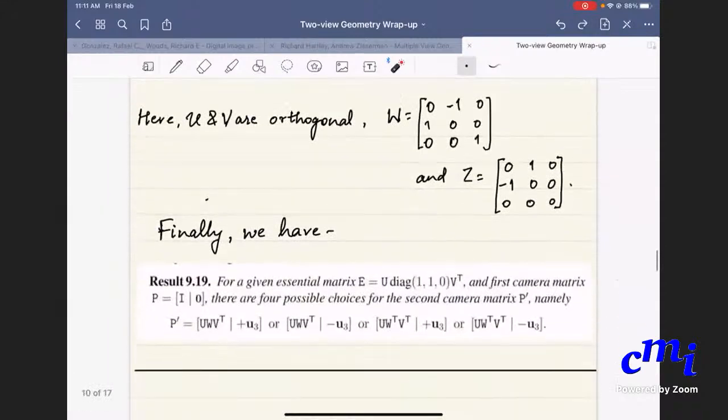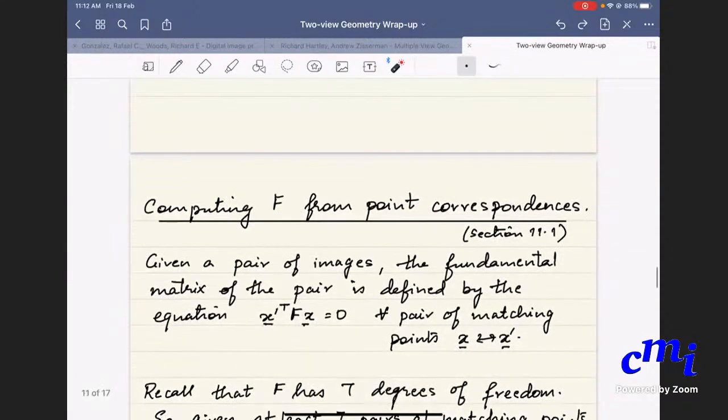Moving ahead, now we want to talk about how to compute the fundamental matrix from point correspondences. We have not yet talked about how to compute this.